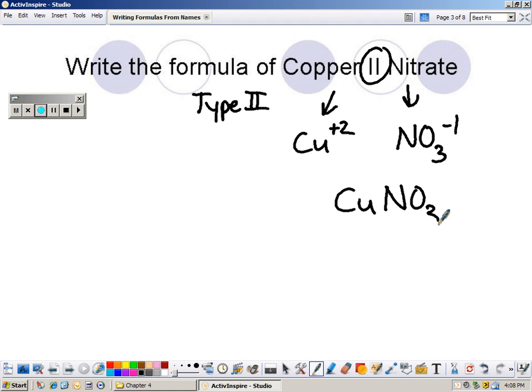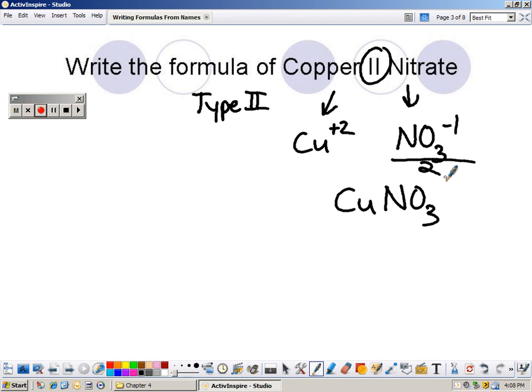Okay, again, when you put these two ions together, you end up with CuNO3. But if you look at the nitrate, that has a charge of -1. You need to make it so that they're opposites. So it would take 2 of these nitrate ions to make a -2, and that would cancel out the charge of +2.